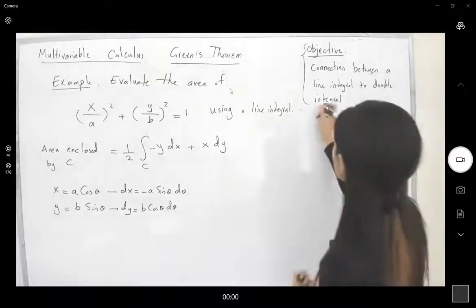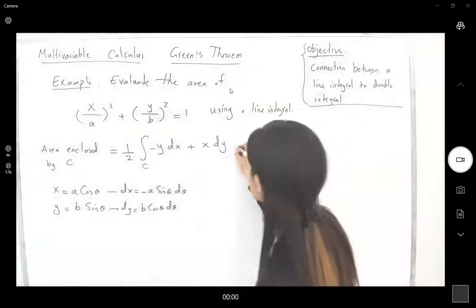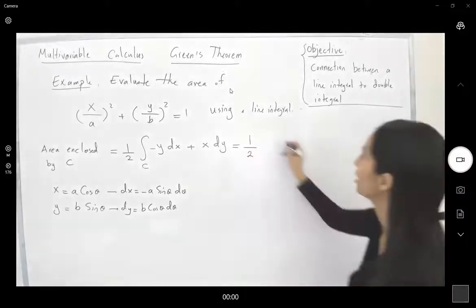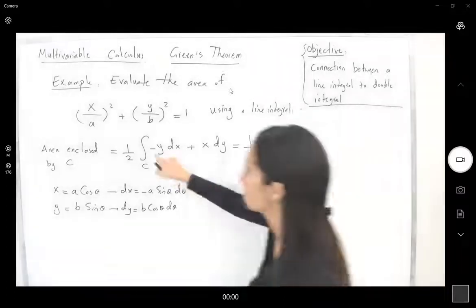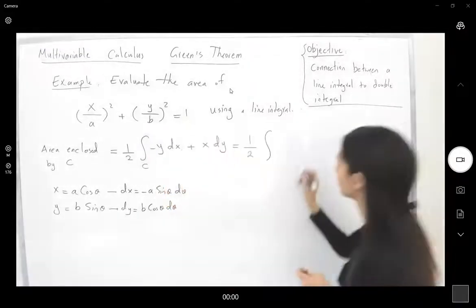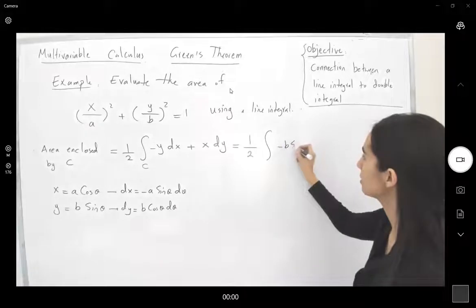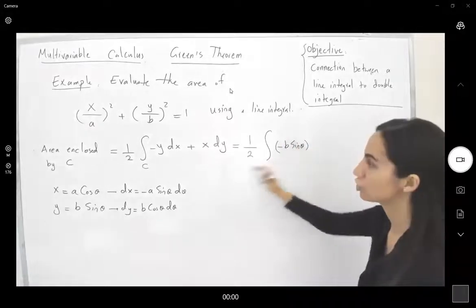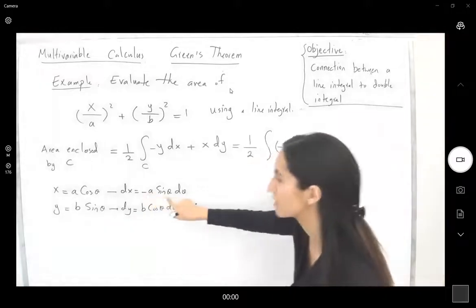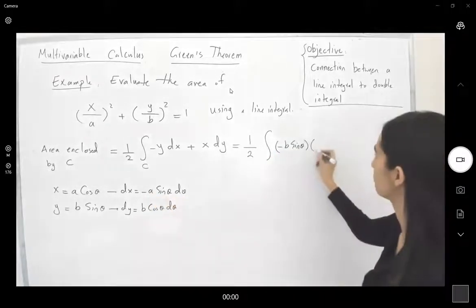So this line integral can be written as a half integral of minus y. What is y? y is b sine theta. So minus b sine theta times dx. What is dx? dx is negative a sine theta d theta.